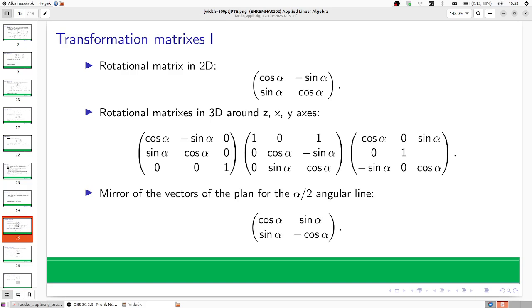Okay, so let's do it. That's 1. Oh, that's wrong. That is 0. 0, 0.